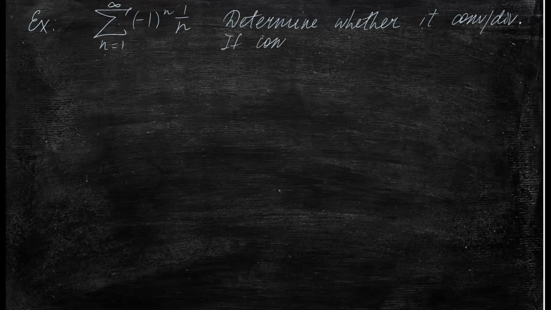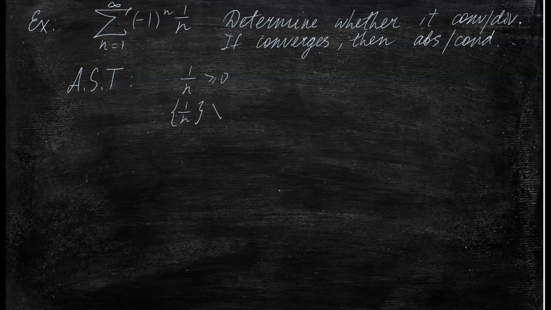If it converges, then determine if it's an absolute or conditional convergence. So this is the task. And first thing we do, we recognize this as an alternating series. Therefore, we are going to set up the alternating series test, and we're going to verify three conditions. 1 over n is positive, 1 over n is decreasing, and the limit of 1 over n as n goes to infinity is 0.